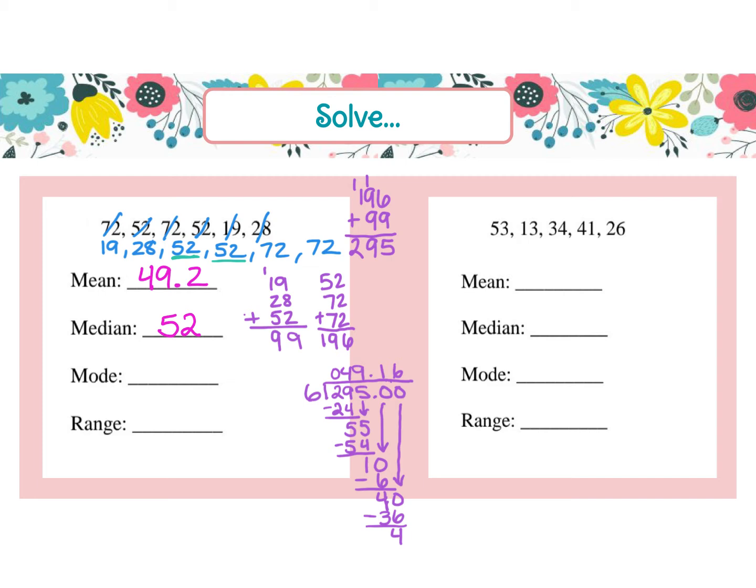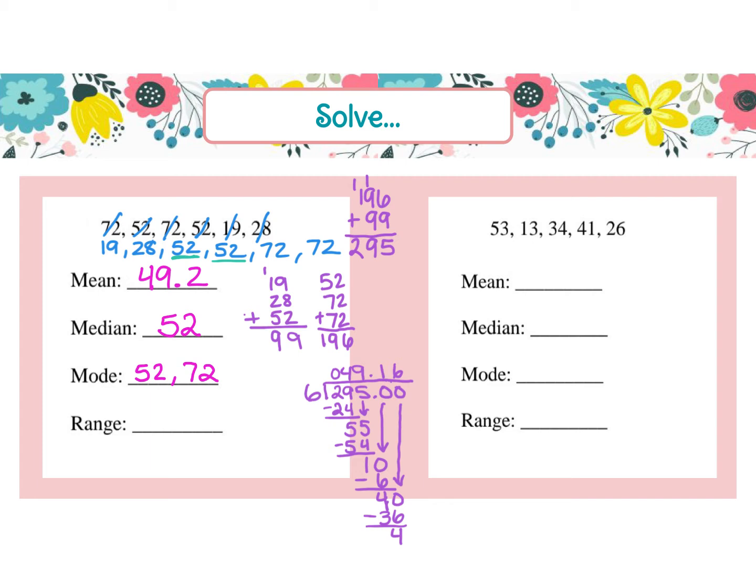Next, we'll look for the mode, or the number that appears the most often in the data set. Both 52 and 72 appear the most often in the data set, with 2 times each. So our mode for this data set will be 52 and 72.